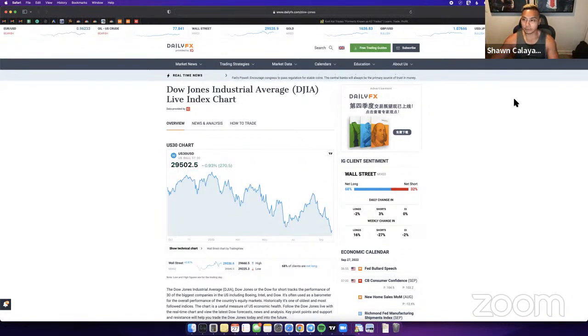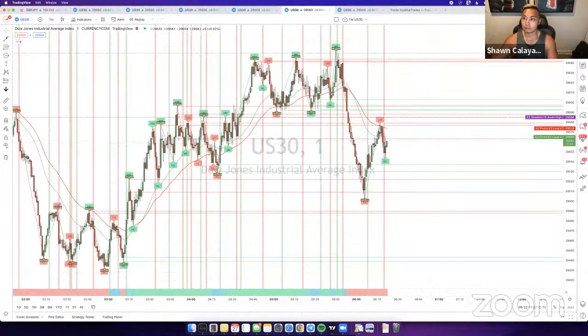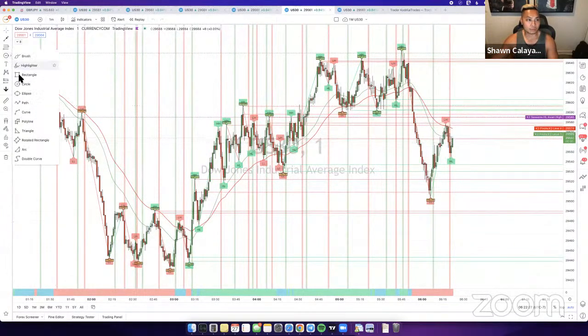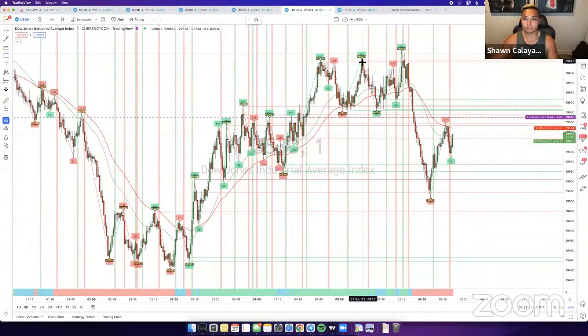As people make their way in, I'm going to go ahead and mark up the areas for the K2SR zone. Let me zoom out real quick. I'm going to go from top to bottom.